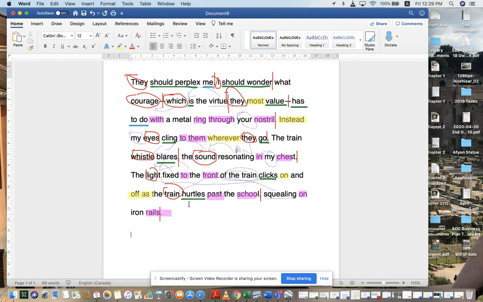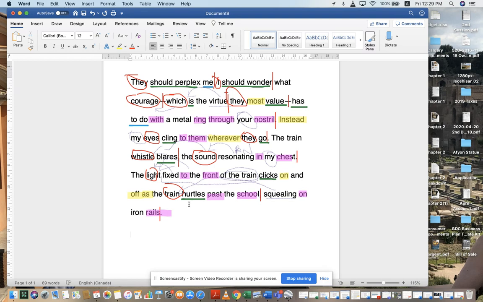The train hurtles past the school and then the wheels are squealing on iron rails. When it comes to comprehension as you go through the grades, this is extremely important to be able to determine and answer questions such as what is happening at the same time in the story, or what are the two separate things happening within the story, and it helps you to better interpret what is happening. Okay, so don't forget these participles.